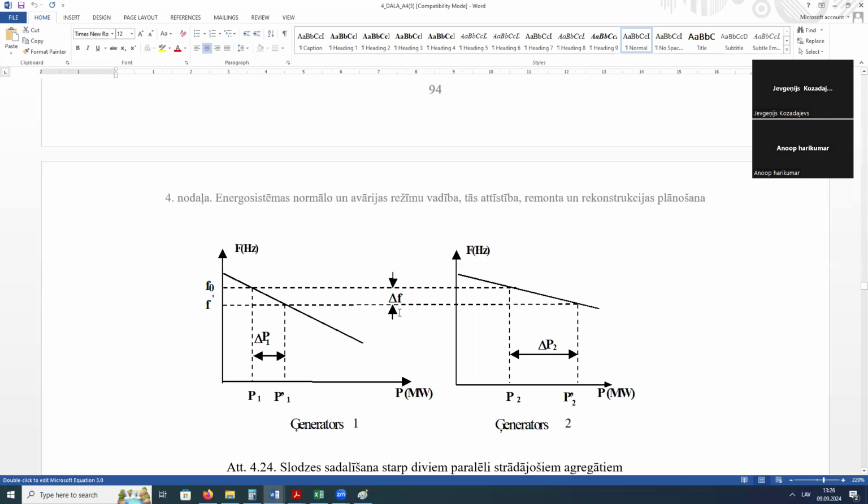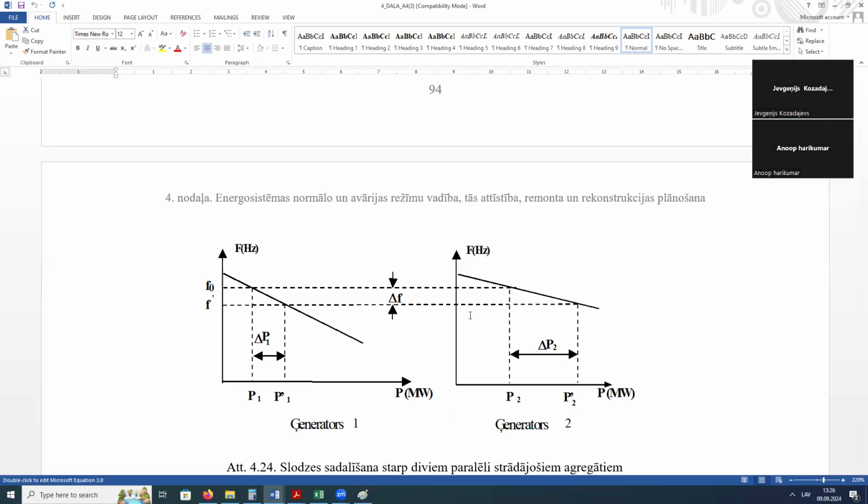Okay, this is the second important thing. The third for today: here we have the generator reaction to the frequency deviation, but we also have the opposite part of a power system, the consumer.